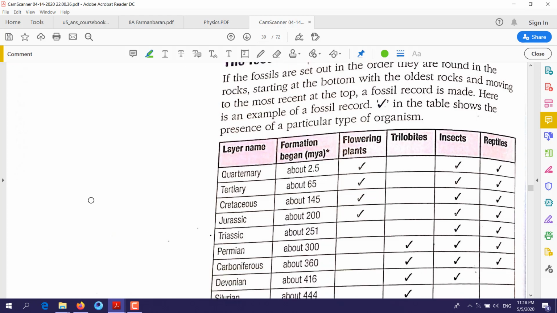And the history of Earth, the age of Earth, is divided into periods and eras, okay. For example, during this period, this kind of organism was living. During another period, also this kind of organism was living. So when they find a fossil and know which organism it belongs to, they can determine in which period this organism was living.